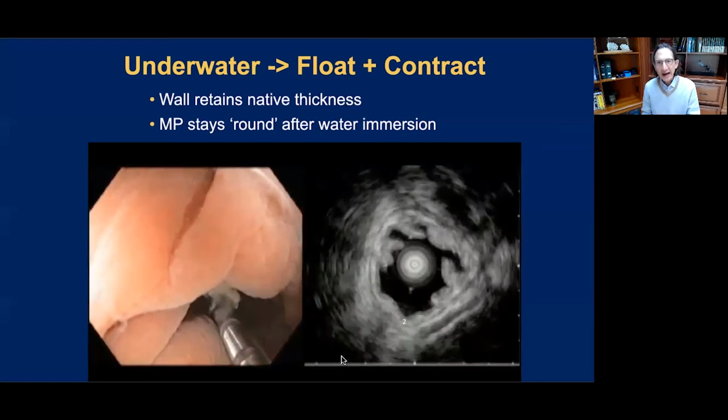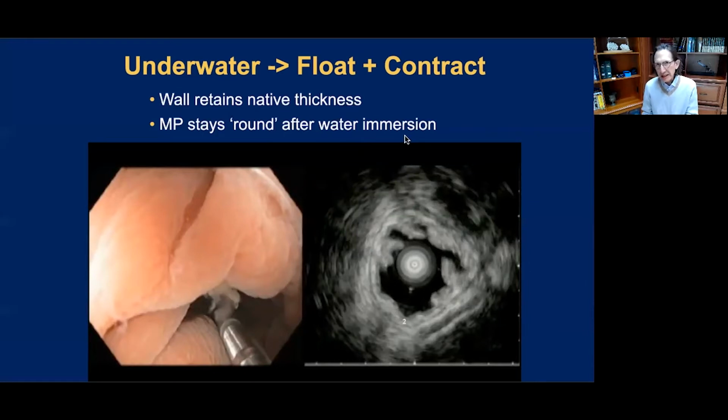And it's then that I realized that when we're underwater, we get a floating effect of the mucosal structures and the submucosal structures, as well as a contraction of the lumen, and these mucosal and submucosal structures also contract. The wall itself retains its native thickness, and the MP stays round after water immersion.